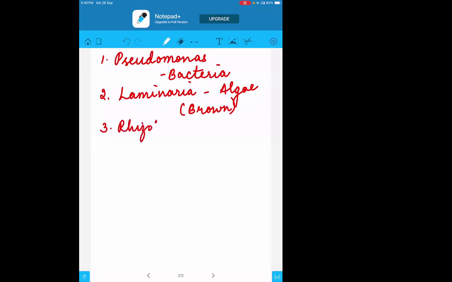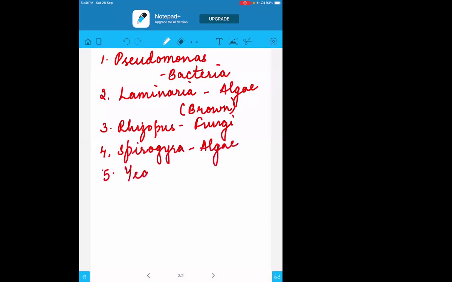Then Rhizopus is the fungus, which is not an edible one. Then Spirogyra is the algae. Then the yeast is the fungus. Then Lactobacillus is the bacteria.